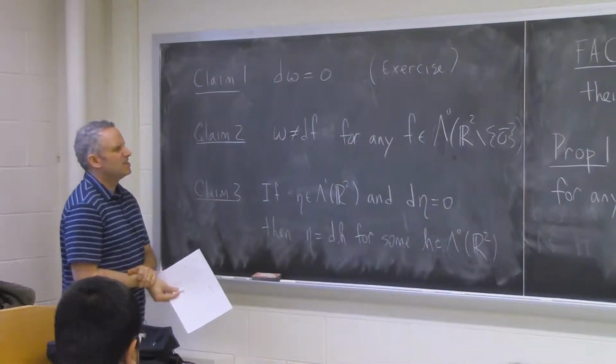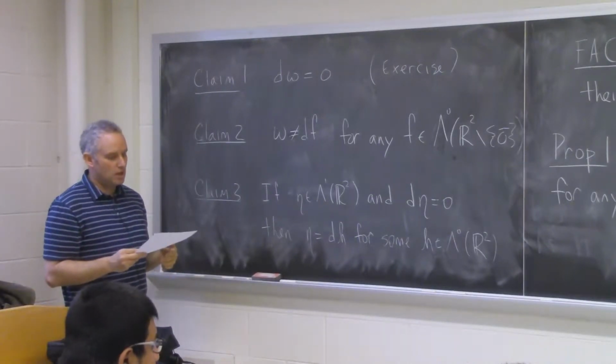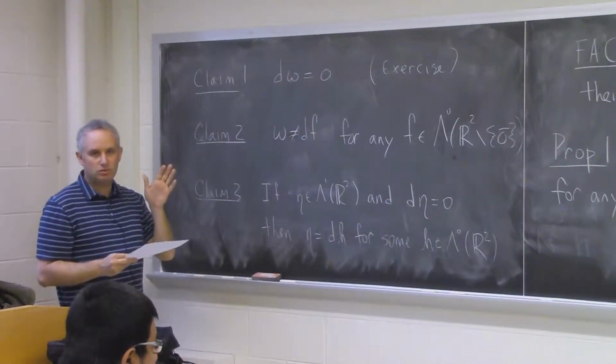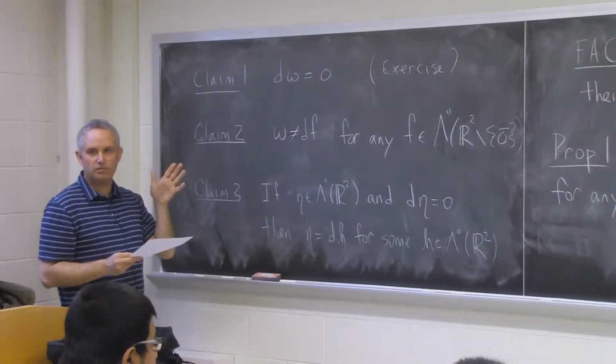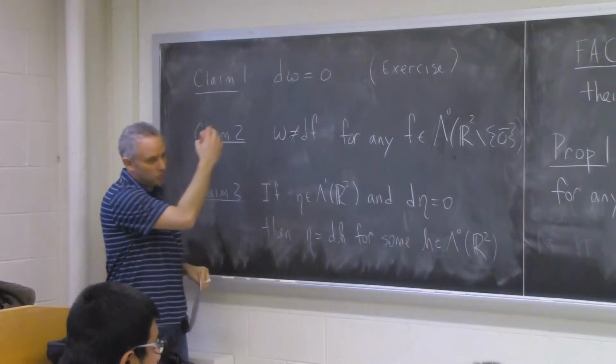Okay? So with these three claims and that proposition, we will be able to show that R2 and the punctured plane are not diffeomorphic. Okay, let's run through the endgame of the argument, and then we'll prove the claims.